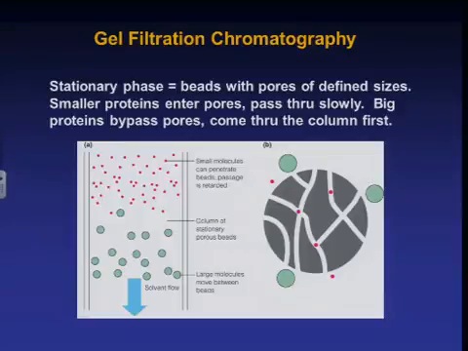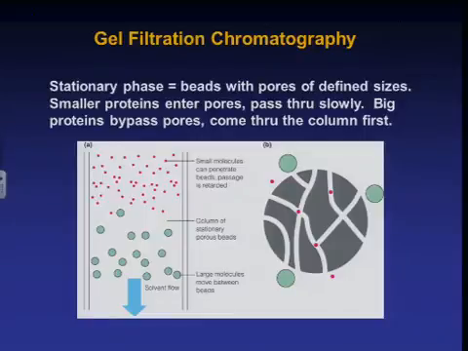But then it's going to find another one, and it's going to go in there and bang around for a while before it can get out. So as you're passing the buffer through, proteins that are small are going to spend a lot of time inside those beads. They bang around for a while, they come out, they get another one, they get hung up, right?